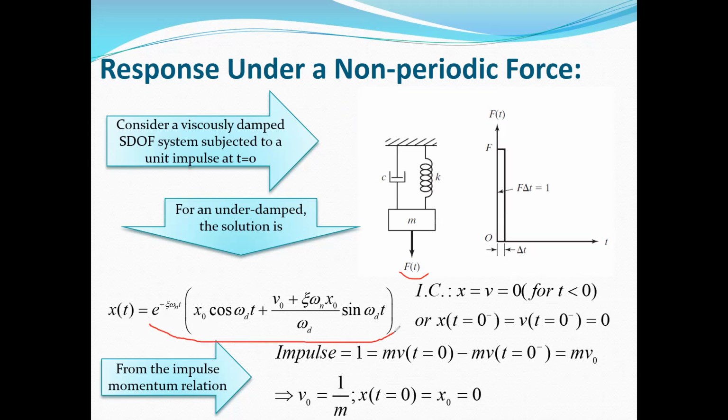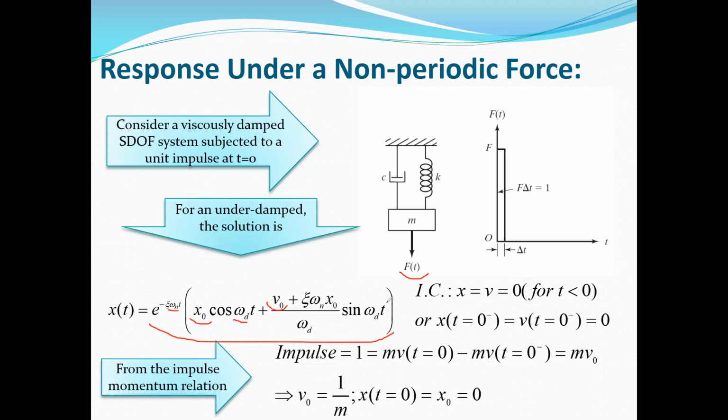Here you can see the response of the system for an underdamped system. This is the homogeneous response. As you can see, we have psi, omega n, omega d, which is a function of psi and omega n. We have x naught and v naught, which are the initial conditions. And finally, this is the homogeneous response.